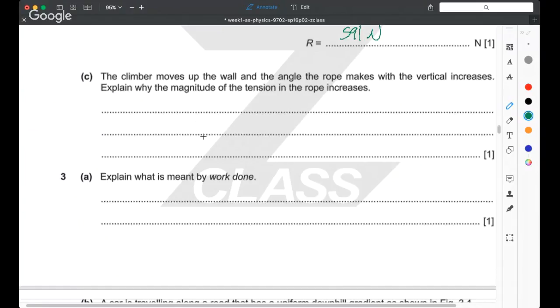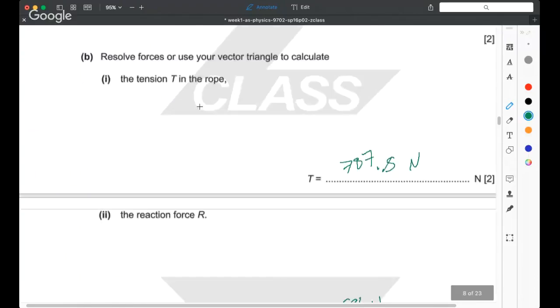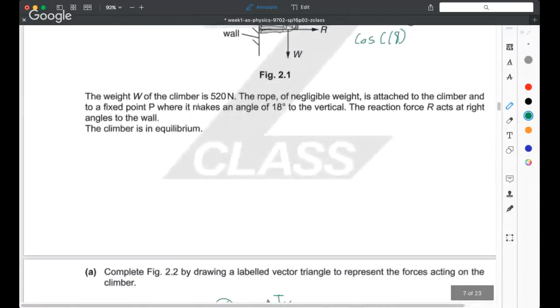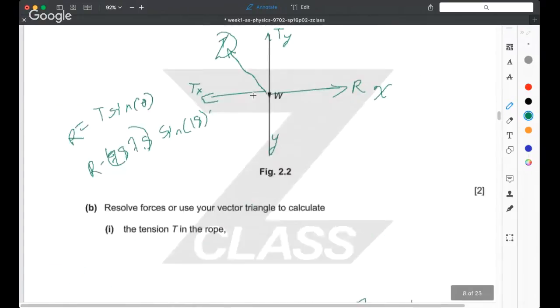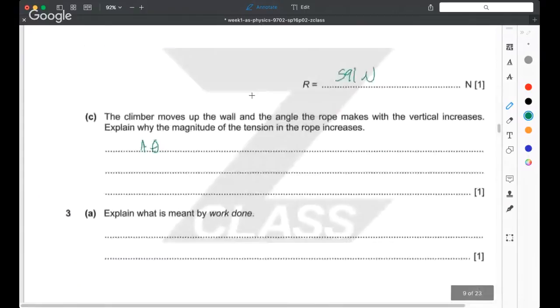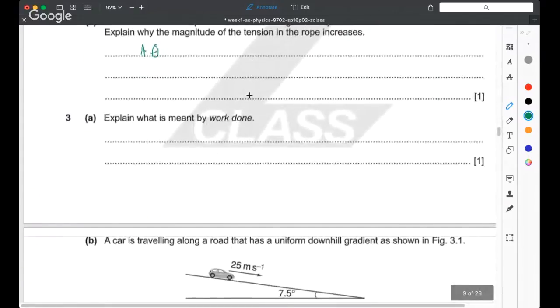The tension is weight over cos theta, so T equals W over cos theta. Therefore T increases as the angle increases.